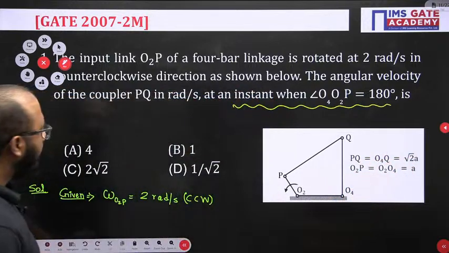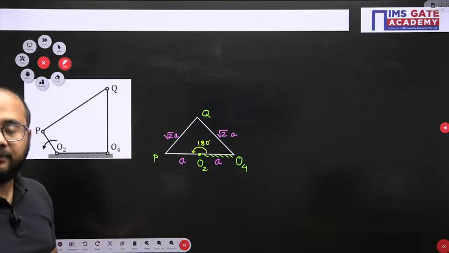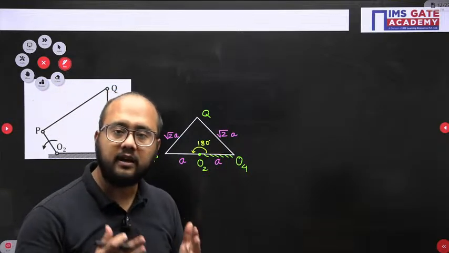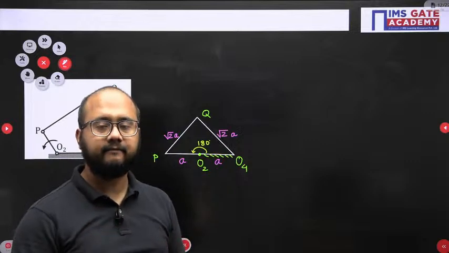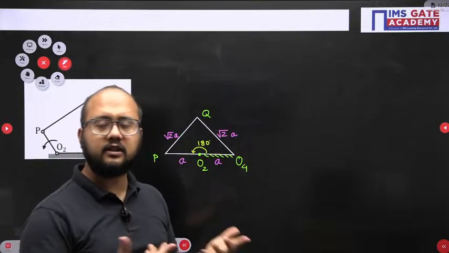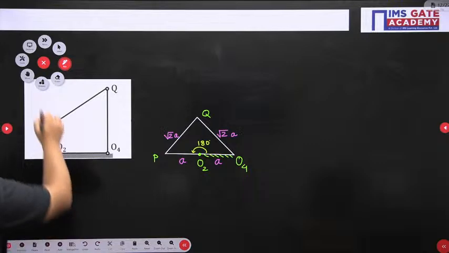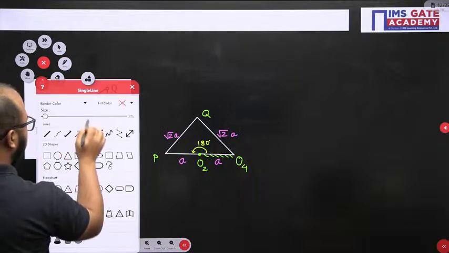Okay, fine. This is the configuration diagram. Next step is to show the correct velocity vectors here.